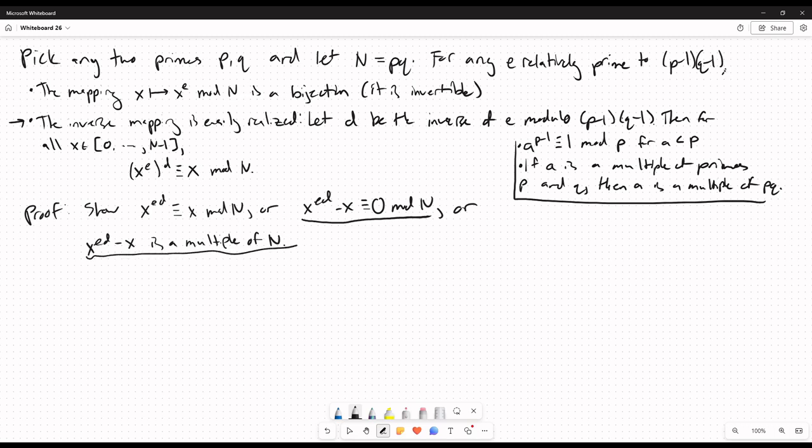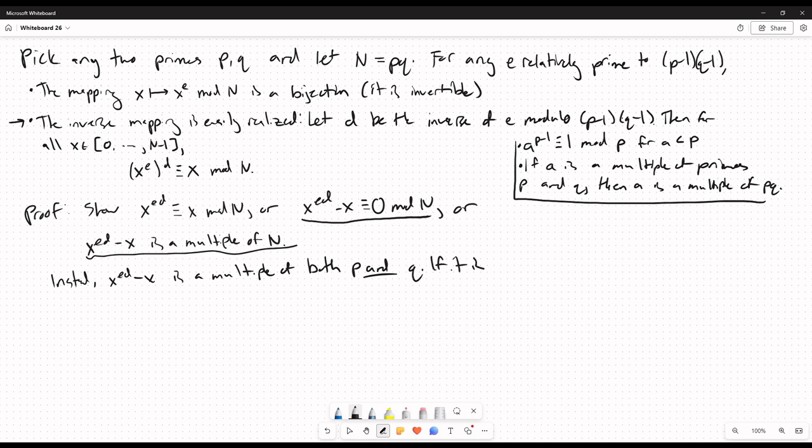So here is where we pull out our first trick: subtracting x from both sides to get it expressed in this multiple language. The next trick is that we want to show that x to the power of ed minus x is a multiple of both p and q.